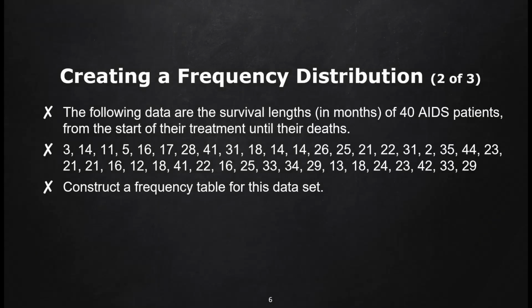Now, here we go. The following data are the survival lengths in months of 48 patients from the start of their treatment until their deaths. So this is a very gruesome data set, right? But this is commonly used in the medical field or in the pharmaceutical field.